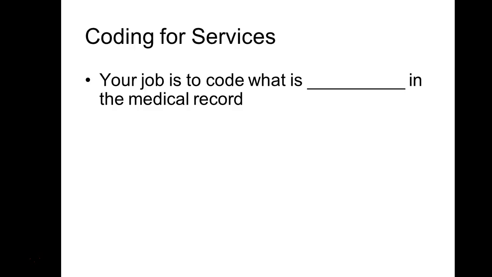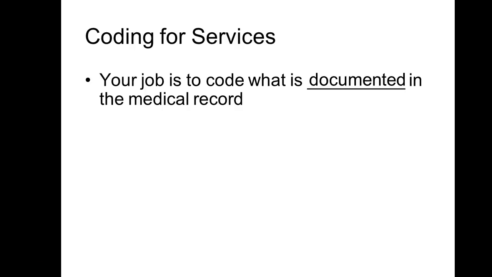The first thing we have to remember is when we're coding for services, your job is always to code what is documented in the medical record. If it's not documented, it didn't happen. If you're looking through a medical record and there's information missing, that's when we go back and query the provider. Ask the provider for clarification to make sure we understand.